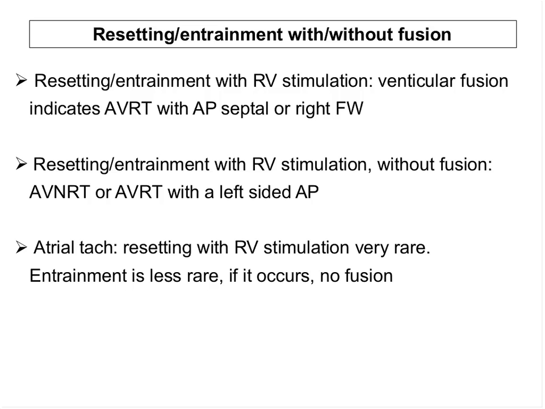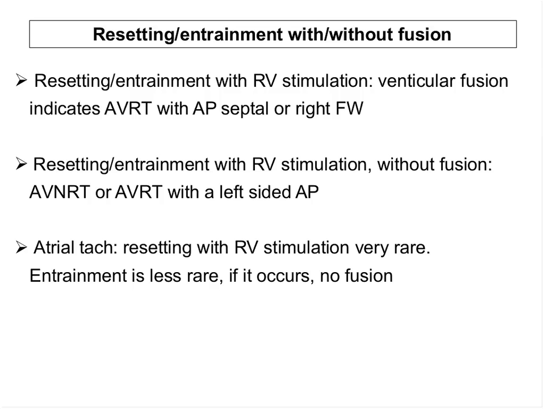Let me remind you that when you pace the ventricle, you can tell if you are entraining a junctional tachycardia when the atrial rate goes to the ventricular rate, and both chambers are activated at the same time.